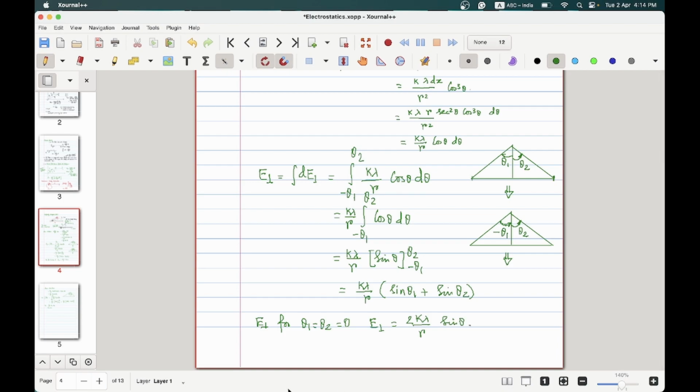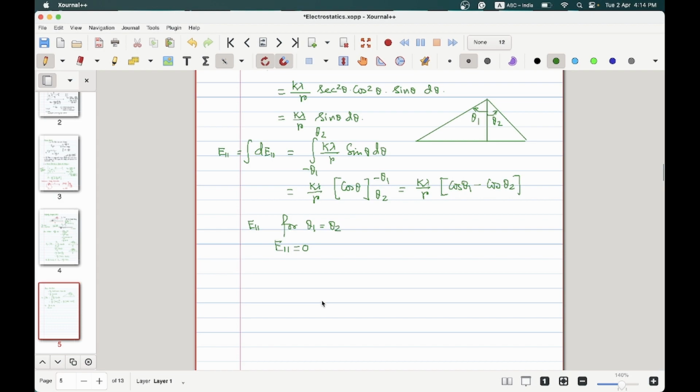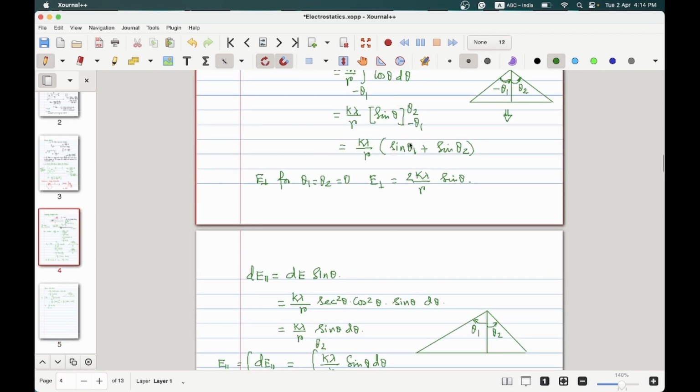Any doubt till now? Because if sin theta 1 equals sin theta 2, then it should be 2 sin theta.